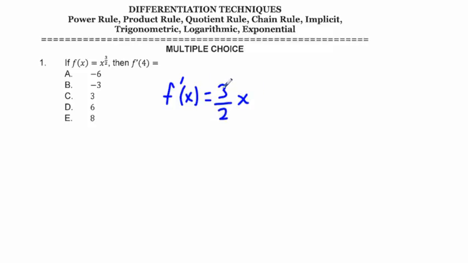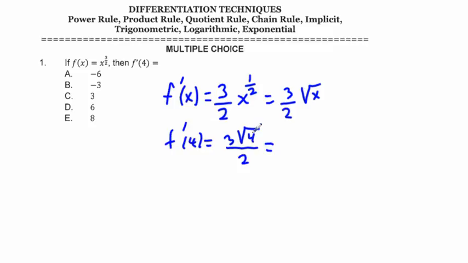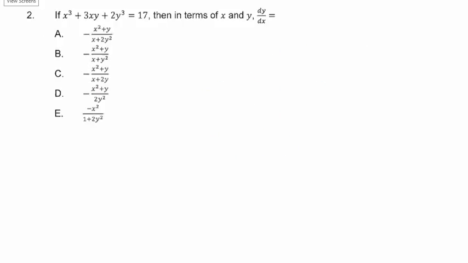We take this 3/2, subtract 1, we get x to the 1/2 power, which is the same thing as square root of x. So we have f prime of 4 is equal to 3 times square root of 4 over 2. Well, square root of 4 is 2, which cancels the 2, and so we have 3. So there's our answer.